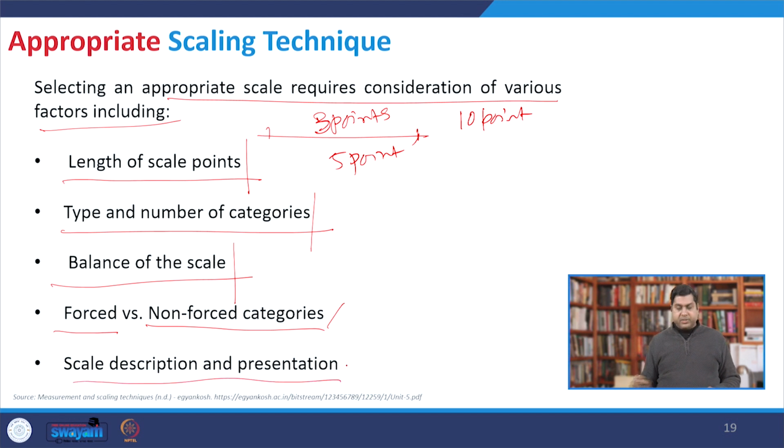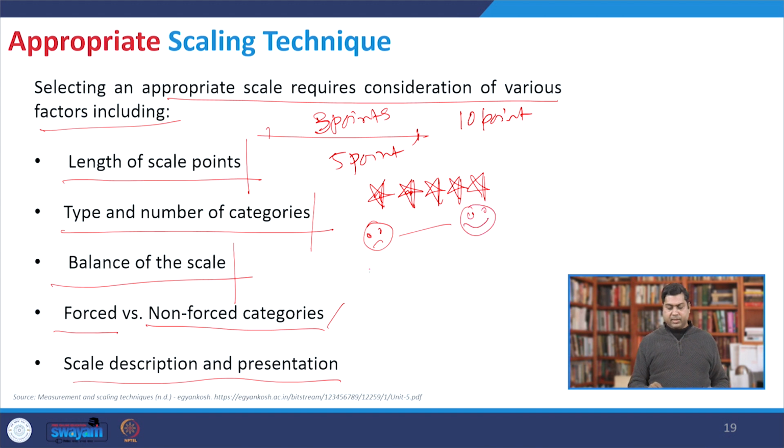Scale description and presentation is also important. Nowadays you get a variety of such measurements in online surveys. After you procure or receive a service, they will ask you to fill in stars, or else it is an emoji scale from dissatisfaction to satisfaction, or else it is something using colors.